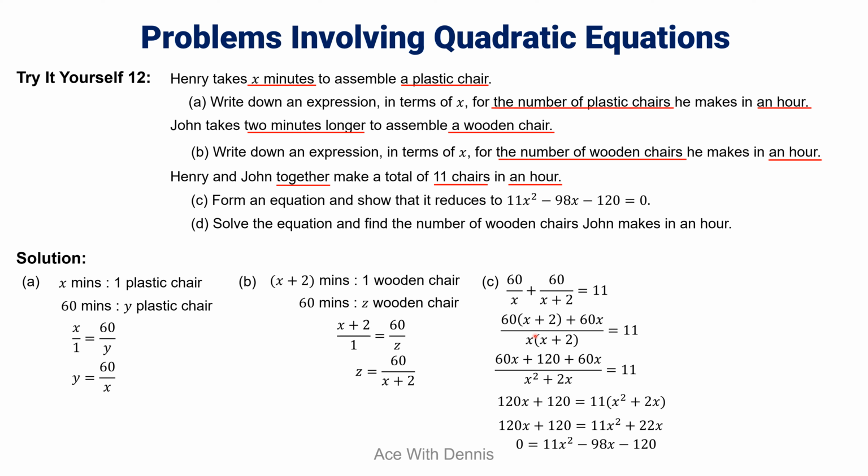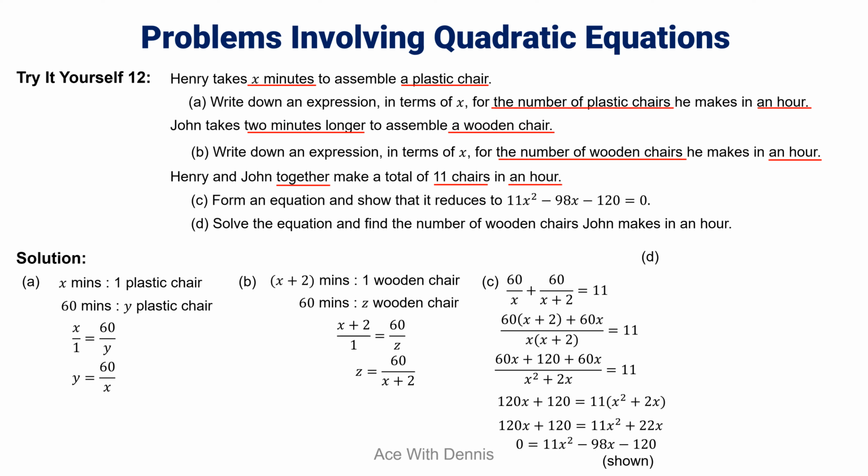Expand the bracket, and move everything to the right side so that the x squared term is positive. I get 0 equals 11x squared minus 98x minus 120. Hence I have shown that the equation can be reduced to this form.